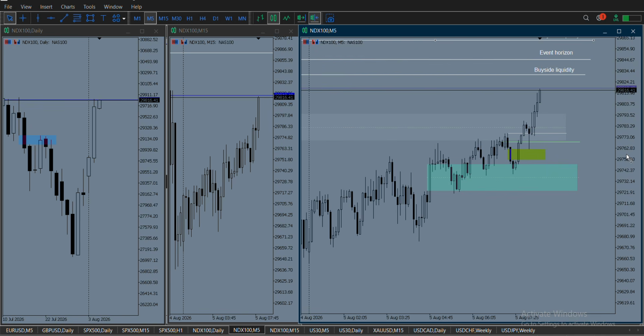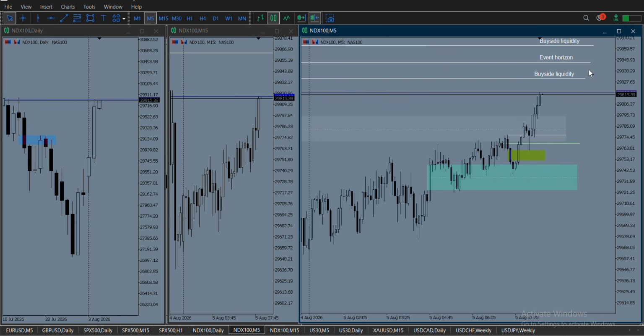Right there. That 845 level is not really the exact level that is speculated here. Just eyeball that and then move that to that midpoint right there. So right there, that is event horizon.